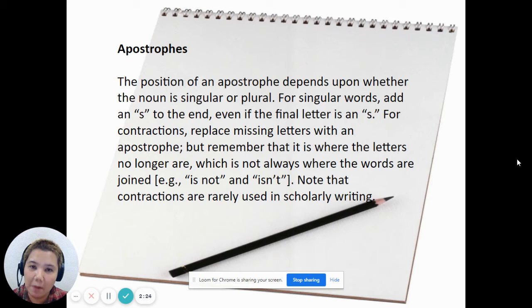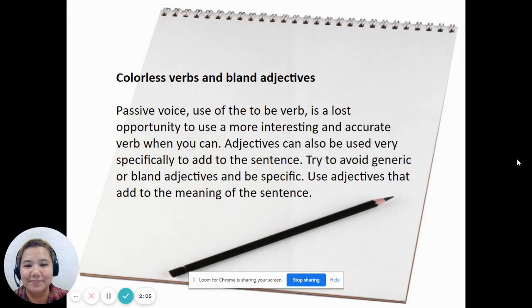But, of course, remember that it is where the letters no longer are, which is not always where the words are joined. So, as an example, is not and isn't. Note that contractions are rarely used in scholarly writing too. So be mindful of that one.